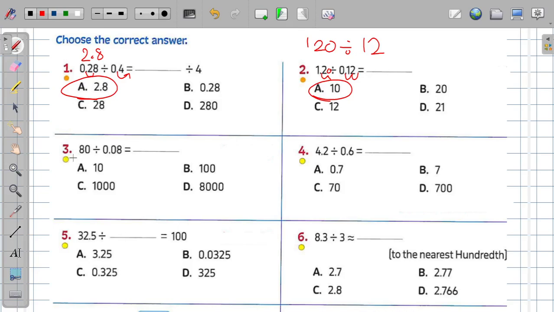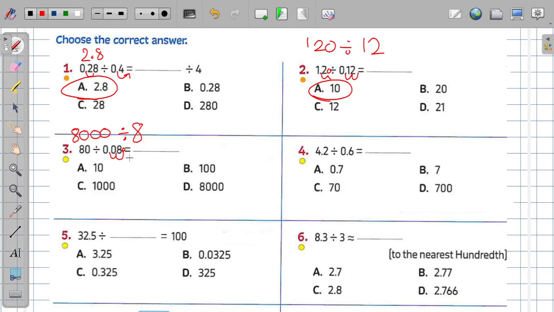Next, I have 80 divided by 0.08. I want to get rid of the decimal point in the divisor. So I will move the decimal point 2 places to the right. So I have 2 places, so I will add 2 zeros to the dividend. So it will be 8,000 divided by 8.